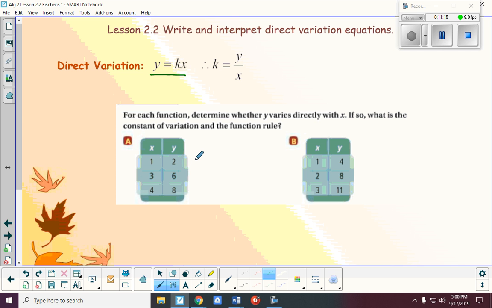So y over x would be 2 over 1, which is 2. Y over x would be 6 over 3, which is 2. Y over x would be 8 over 4, which is 2. Remember, y over x is equal to k. So in this problem, k equals 2. So this is your constant of variation.